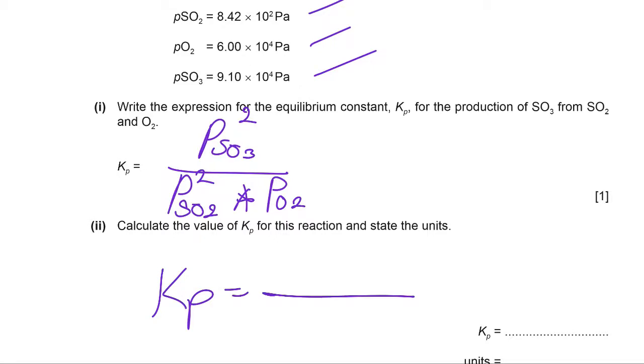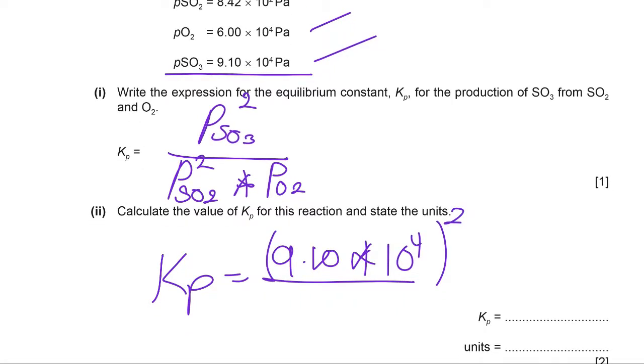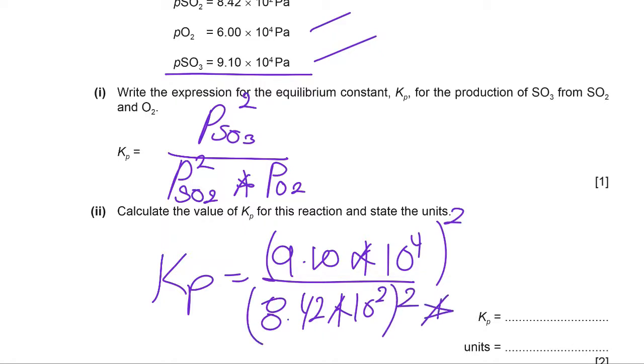For SO3, this one to the power 2, and for SO2, this one 8.42 to the power 2, this one should be squared, times for oxygen 6 times power 4.